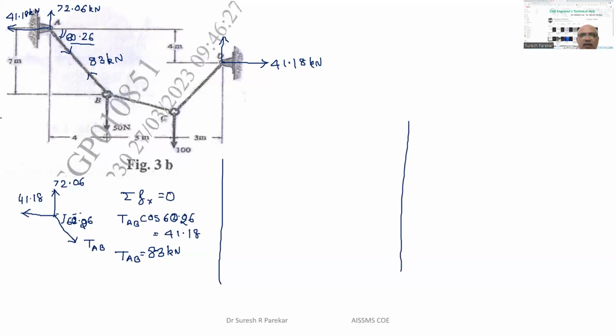So we have vertical reaction at A, 72.06 minus 50 minus 100 plus VD equal to 0, and from this I get VD equal to 77.94 kilonewtons.